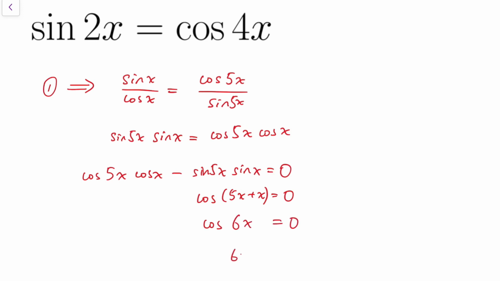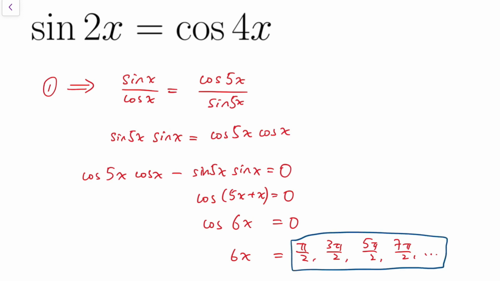But for the values where cosine equals 0, it's only pi over 2, 3 pi over 2, and adding multiples of 2 pi to these solutions, we have 5 pi over 2, 7 pi over 2, etc. And actually I can replace that as pi over 2 plus multiples of pi.